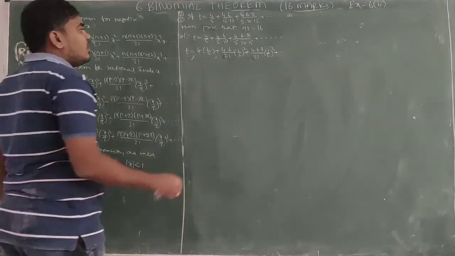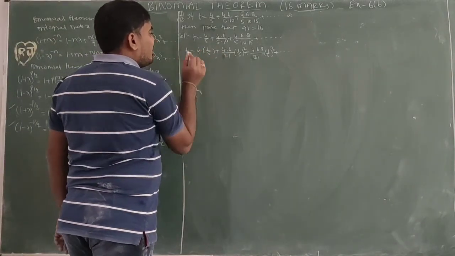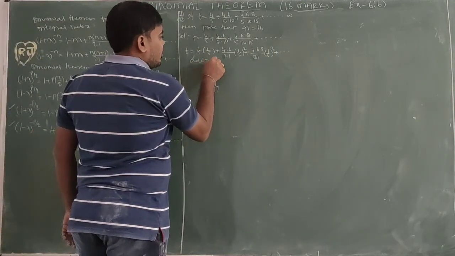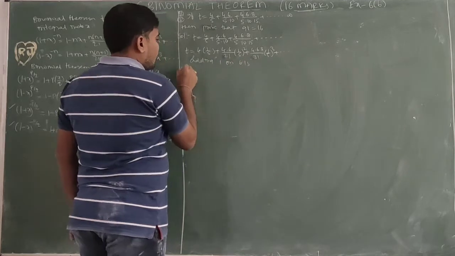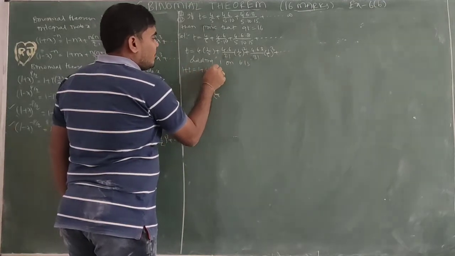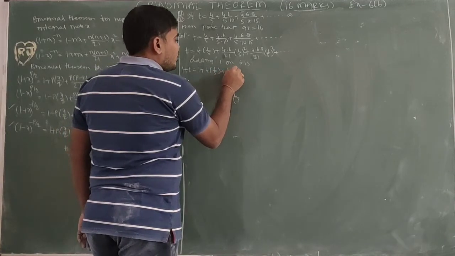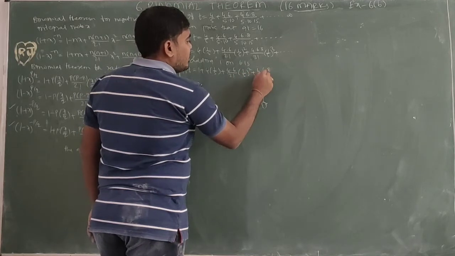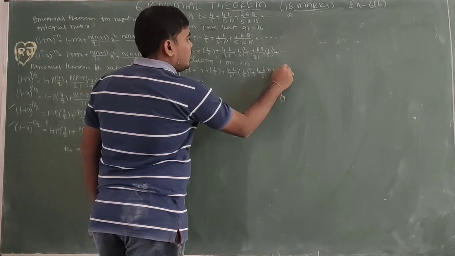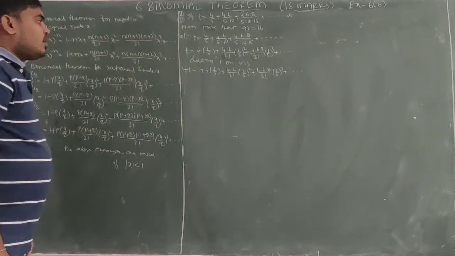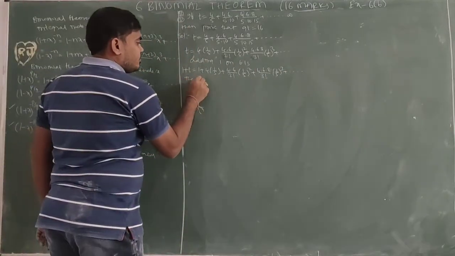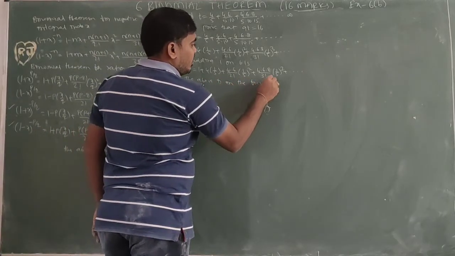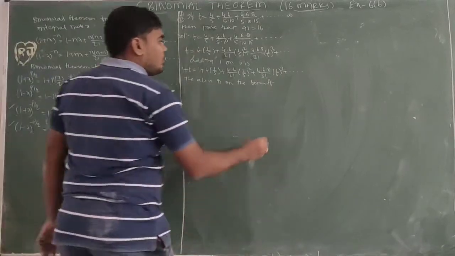But here one term is missing, that is 1. So adding 1 on both sides, 1 plus t equals 1 plus 4 of 1 by 5, 4 into 6 by 2 factorial 1 by 5 whole square, 4 6 8 by 3 factorial 1 by 5 whole cube, plus up to so on. Now the above expansion is in the form of, what is its form? 1 minus x whole power minus p by q.